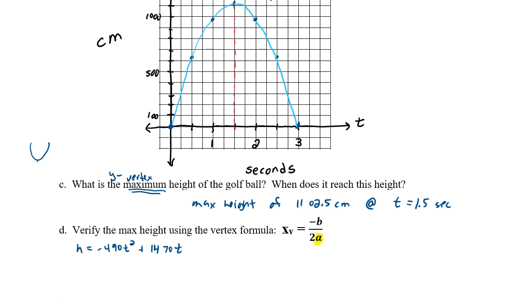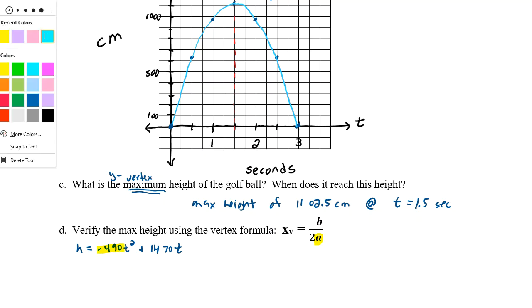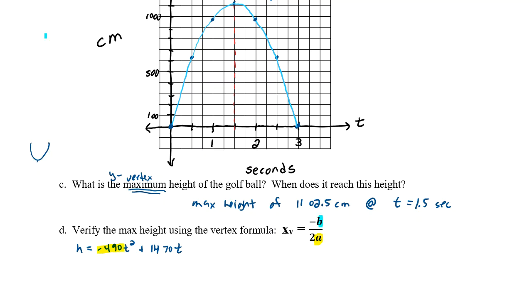My a value is negative 490. That's the coefficient on the squared term. And my b value is positive 1470. So the x value of the vertex is the opposite of my b value divided by 2 times my a value. All right, so why don't you grab a calculator and plug that in, and hopefully you're going to get 1.5.